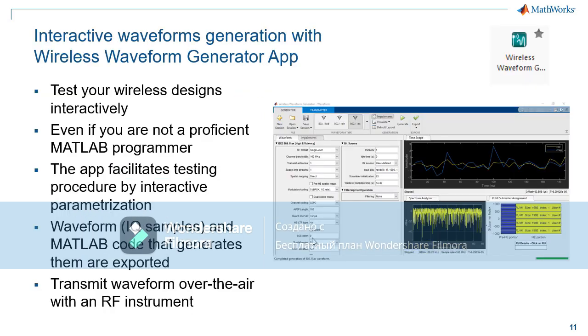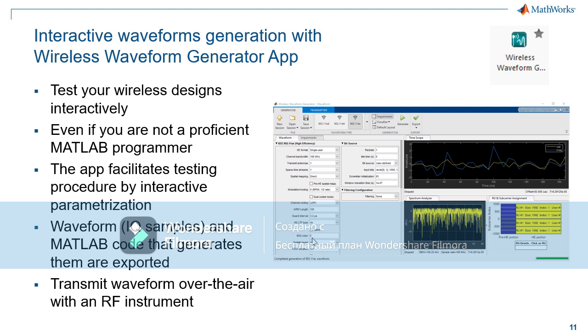They're all fully parameterizable and allow for the synchronization signals and bursts, SS bursts, that are needed to synchronize everything in 5G. I'm going to show you with a very easy to use app called the Wireless Waveform Generator app, which has been in our tools ever since the 2018b release, how easy it is for you to generate 5G waveforms. Now you're going to test your wireless designs interactively, essentially using an app by clicking the right parameters.